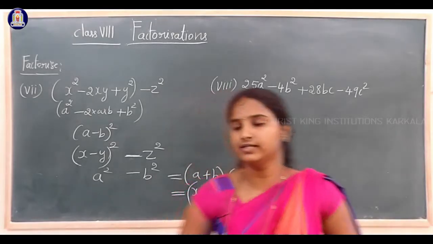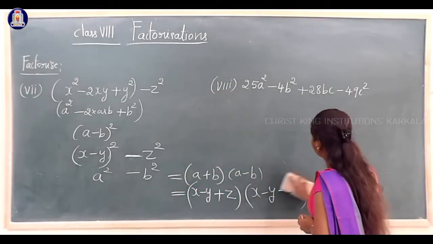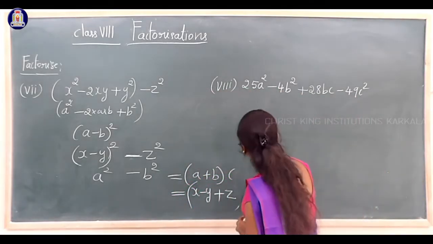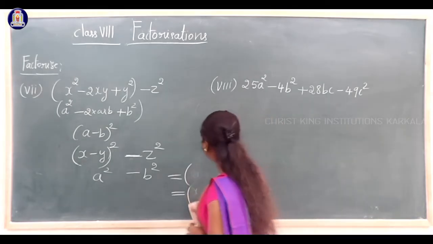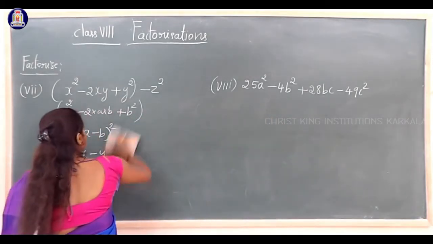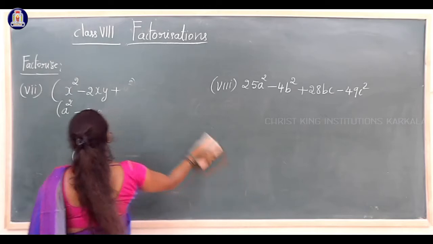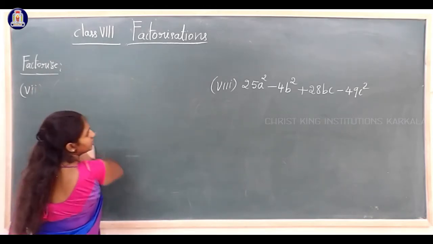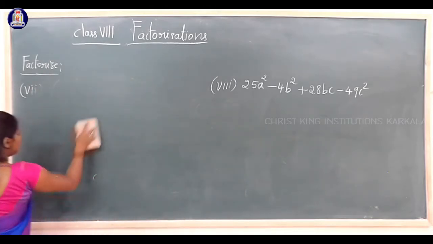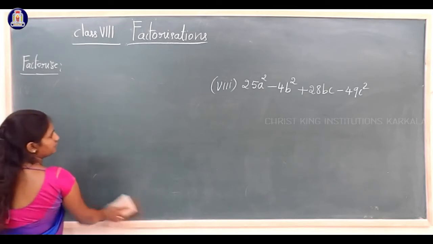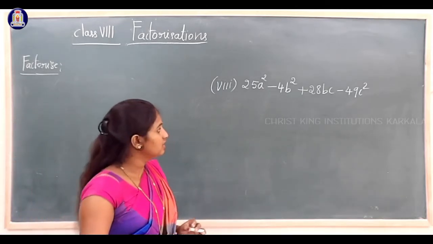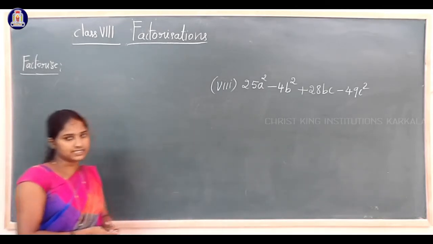Okay, we will solve the next algebraic expression, that is 25a square minus 4b square plus 28bc minus 49c square.